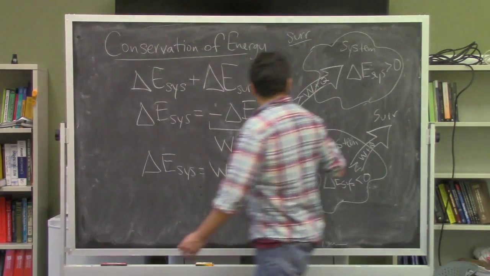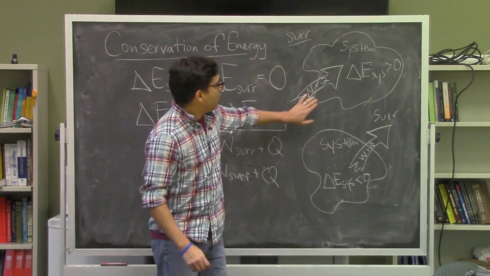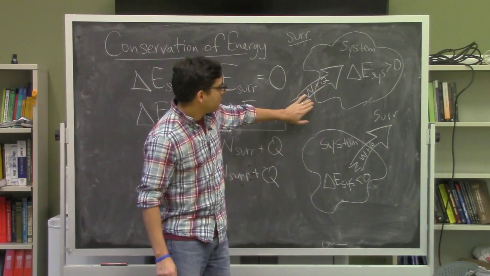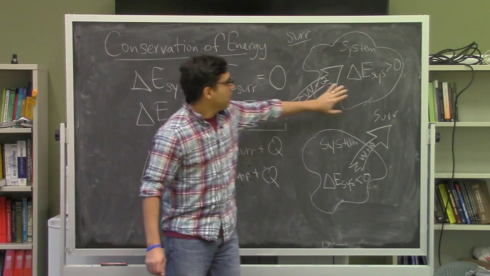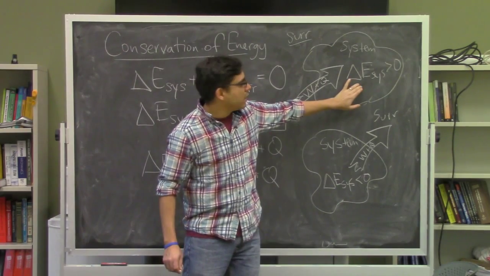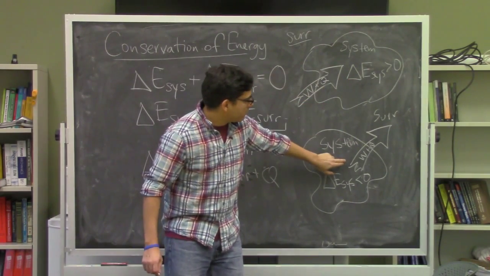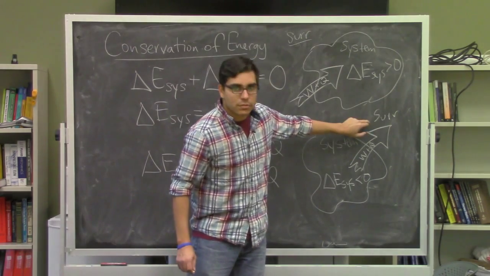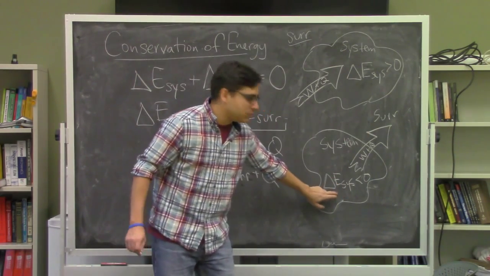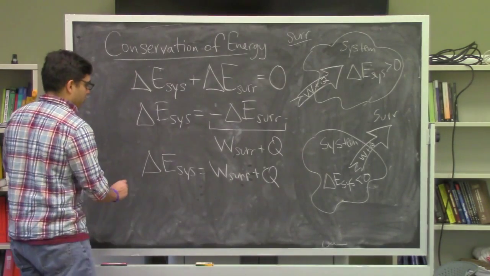So these two conceptual ideas, work that's done on the system by the surroundings, or thermal energy dumped into the system, lead to a positive change in the energy of the system. Whereas work that's done by the system, or heat, thermal energy that leaves the system and goes into the surroundings, leads to a negative change in the total energy of the system.